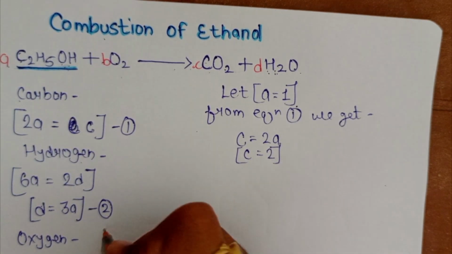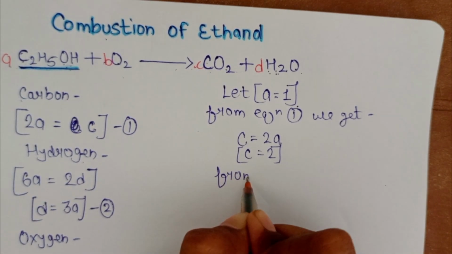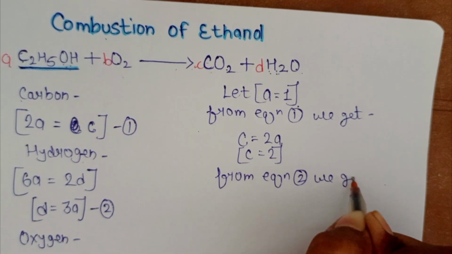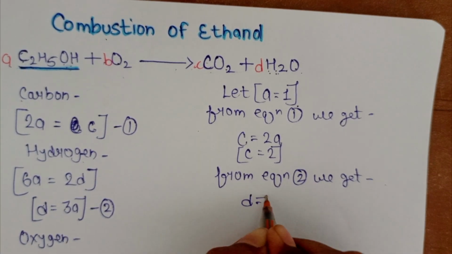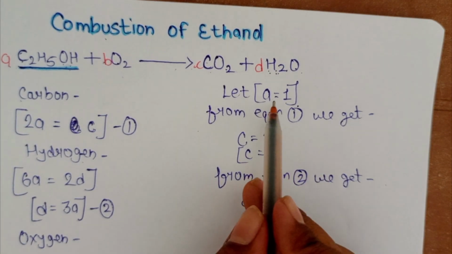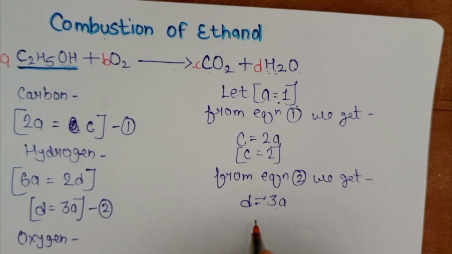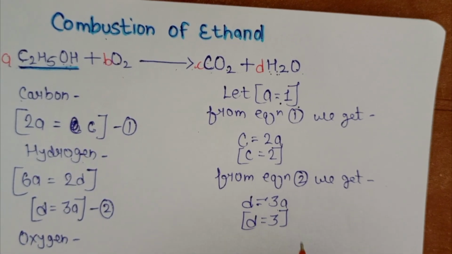From equation number 2, what do we get? We get D is equal to 3A. On putting the value of A in this, we will get D is equal to 3.